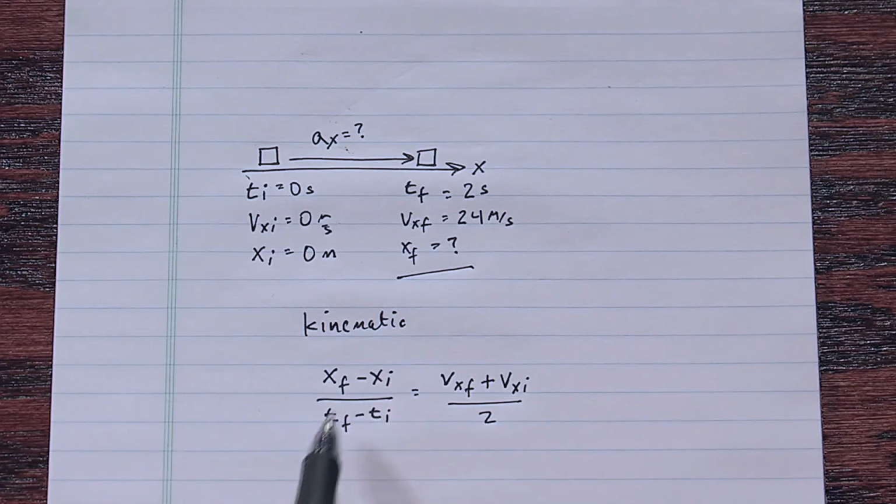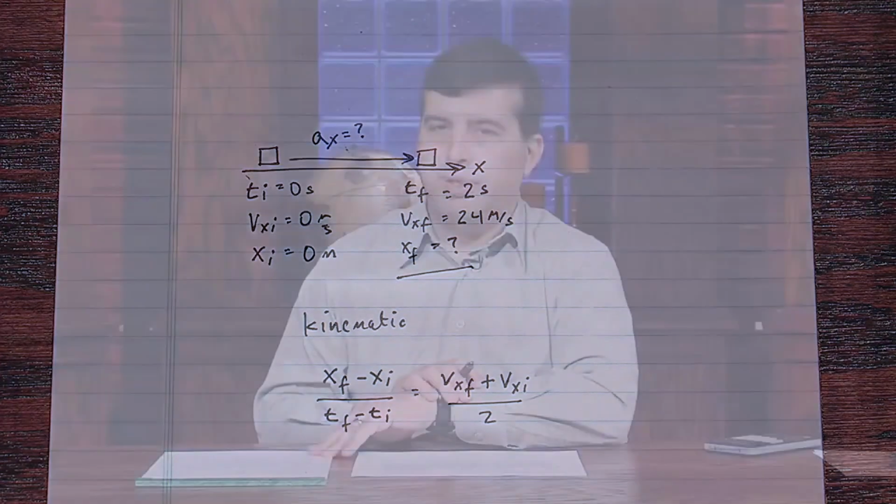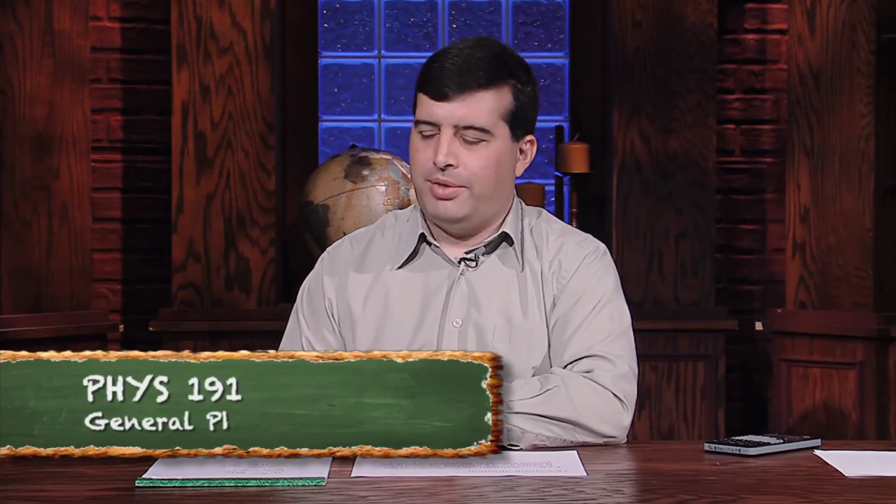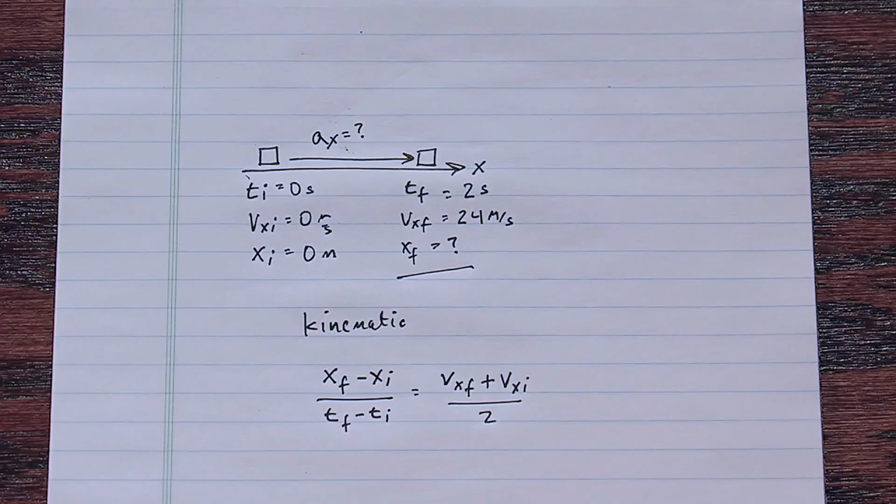So change in position over change in time equals average velocity. Now we have completely modeled this situation. We've diagrammed it, we've listed our knowns and unknowns, which means that we've gotten all the information we can out of it. We've identified the type of situation, and we've picked our starting equation. Now it's just a matter of making this equation specific to this situation and working through it.